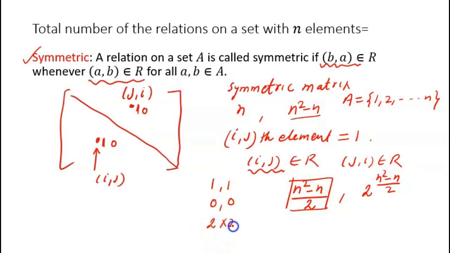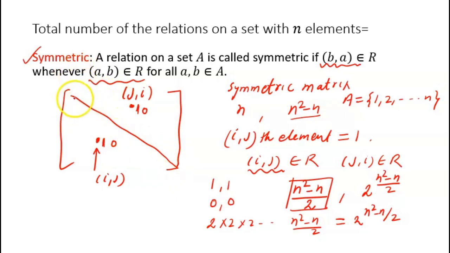So total number of ways are 2 into 2 into 2 up to how many times? Up to n square minus n by 2 times, which is equal to 2 to the power n square minus n by 2. But then there are n diagonal elements also. So diagonal elements we don't care, because that is not anyway going to affect the nature of the relation.